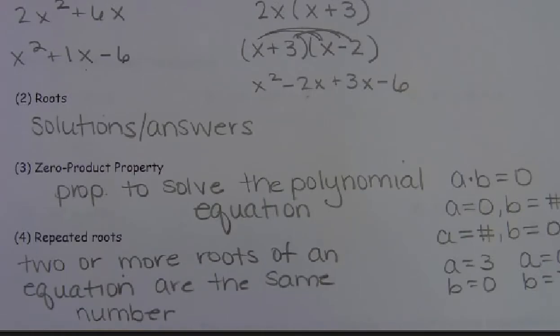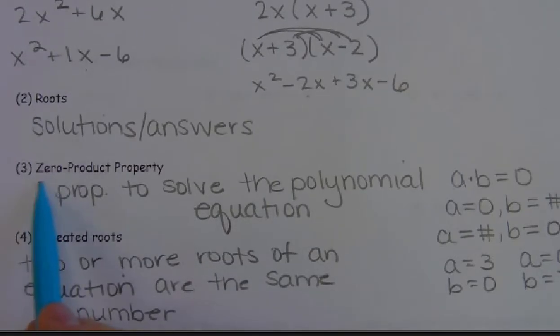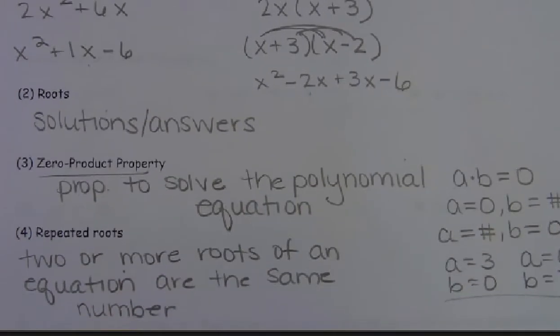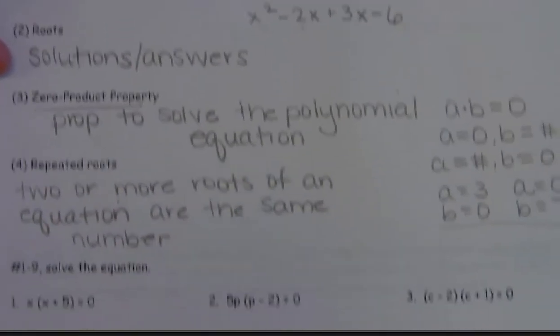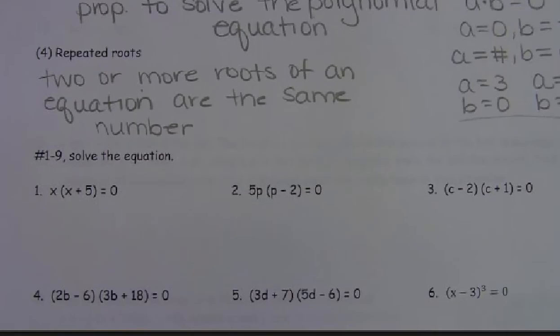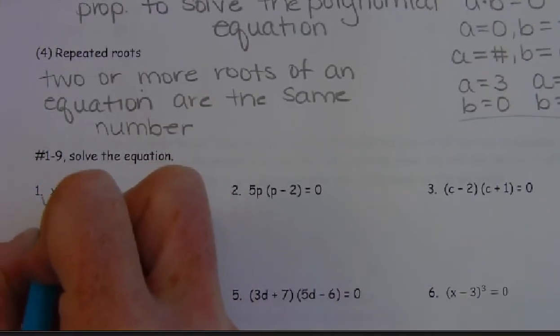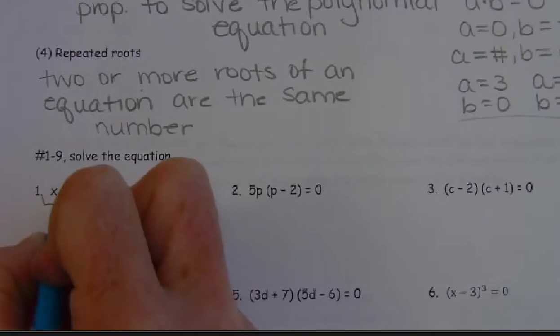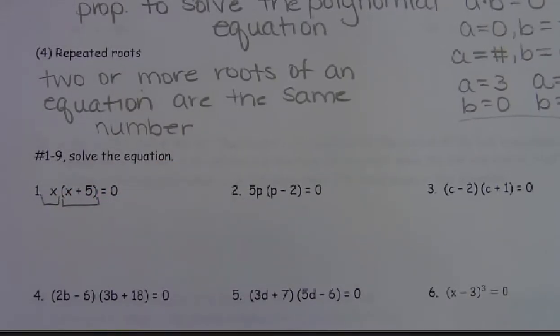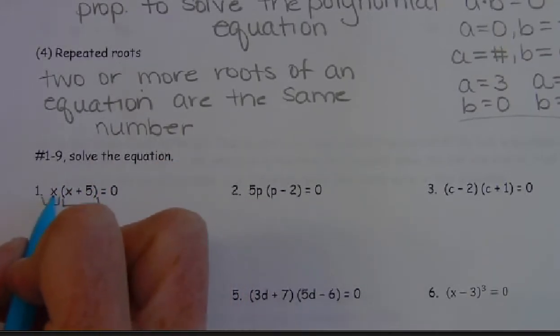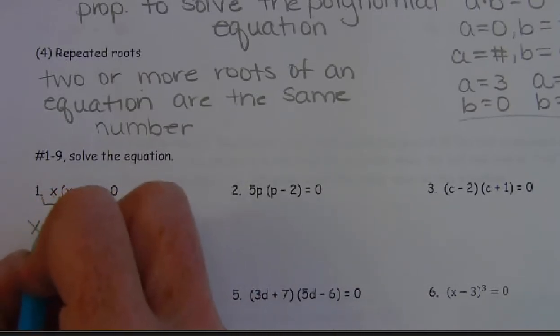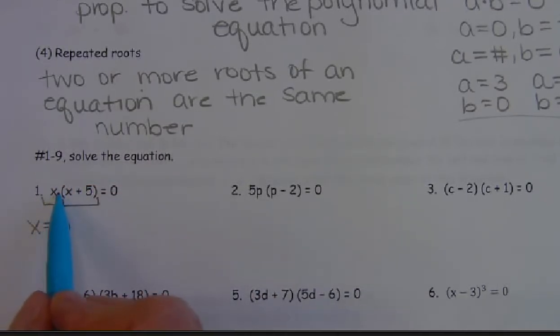So what we're going to do first is use this zero product property to actually get some different values when solving things. So if you think about the zero product property, if we're going to solve this and it's equal to 0, we know that either this part has to equal 0 or that part has to equal 0. So out front is just an x. So if x was 0, I would get 0.